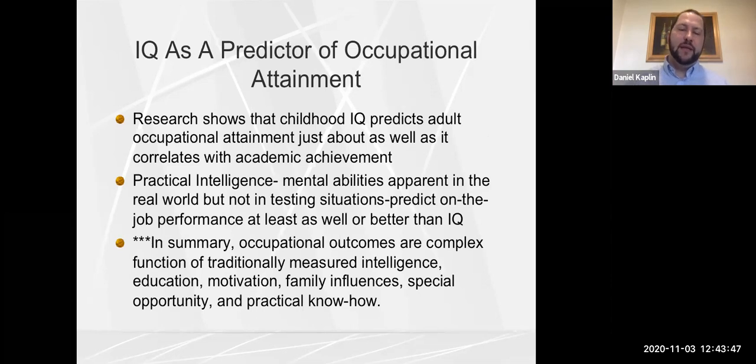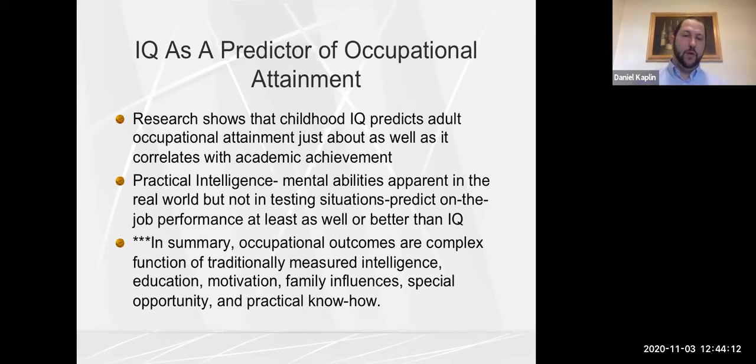Now, does that mean that it's the only predictor? No. We talked about from Sternberg the concept of practical intelligence. So people might perform better than IQ predicts because of practical intelligence.